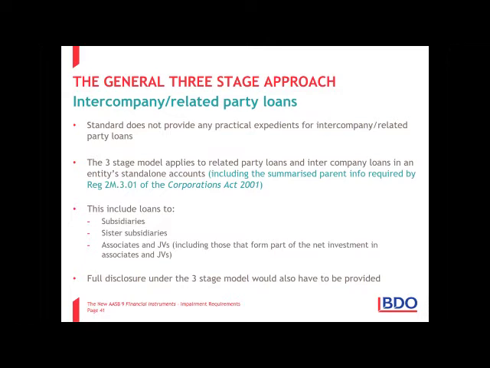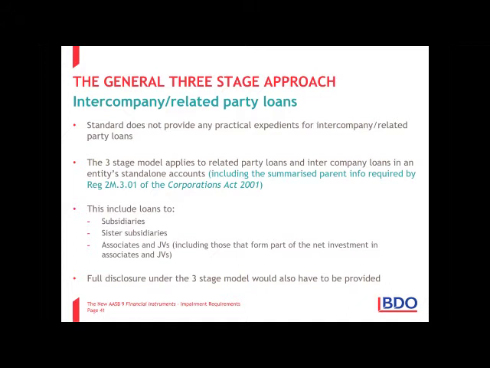So if you look at intercompany or related party loans, the standard does not provide any practical expedients for intercompany or related party loans. The three-stage model applies to related party loans and intercompany loans in the parent account and the consolidated financial statements.